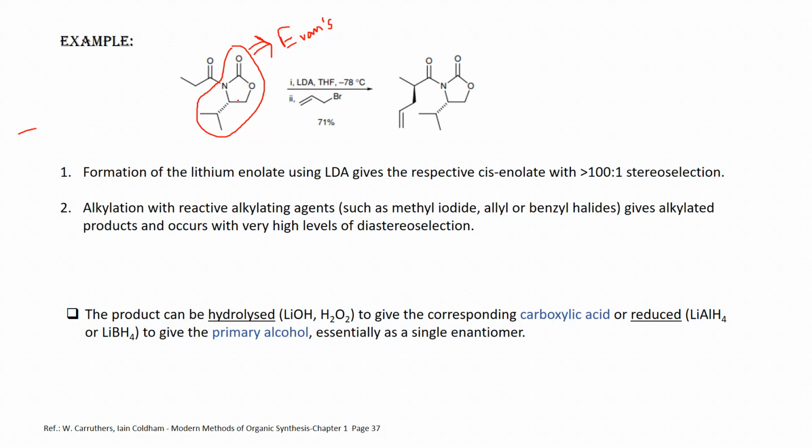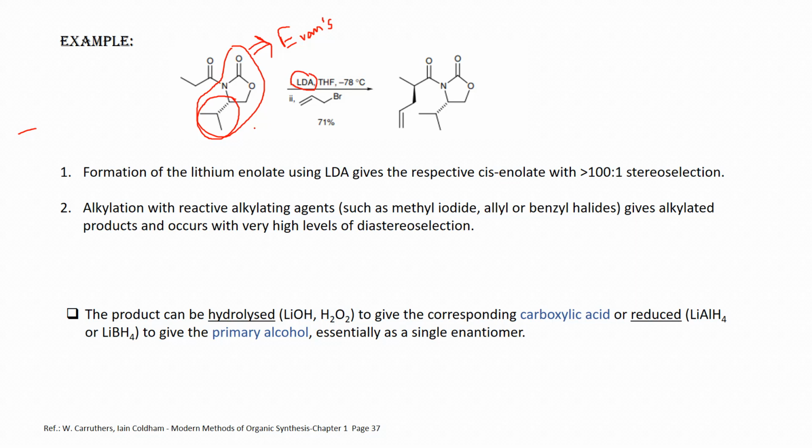So here you can see this auxiliary group has an isopropyl group which is below the plane. Due to the presence of this anchoring group, let's see how this reaction goes upon addition of LDA, which is a base.